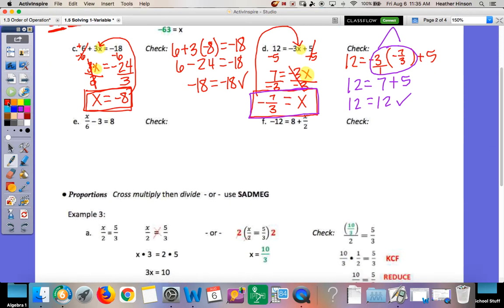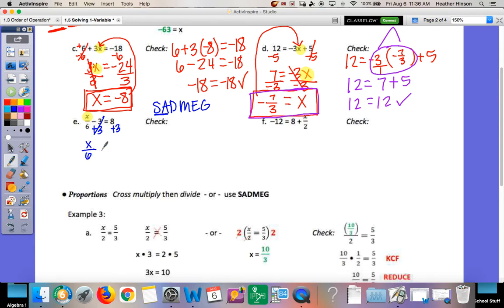Okay, E. So we're looking at, to solve it, SAD, MEG, your order of operations backward. Do you see subtraction or addition on your x? Yes, I'm subtracting 3, so the opposite of that is plus 3.